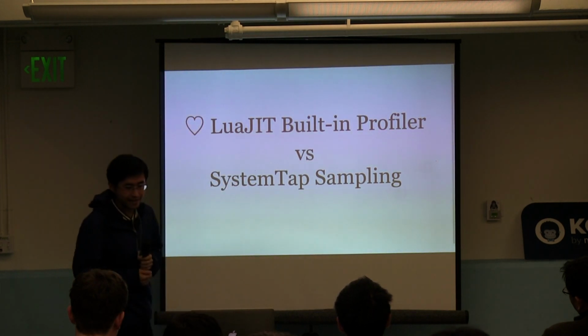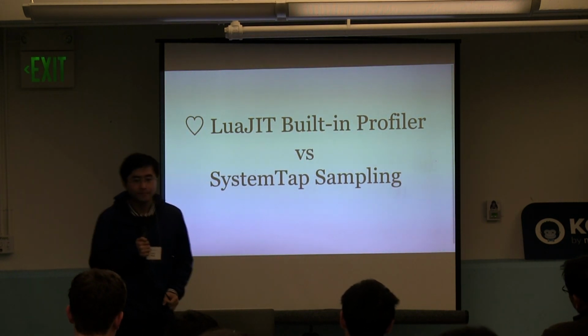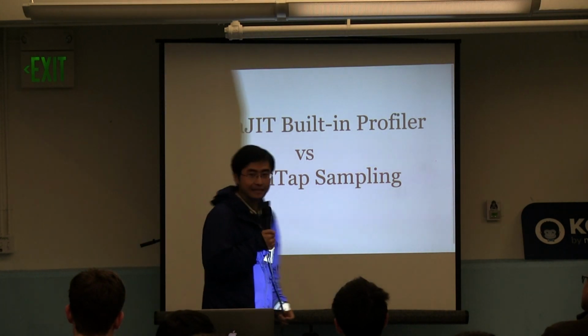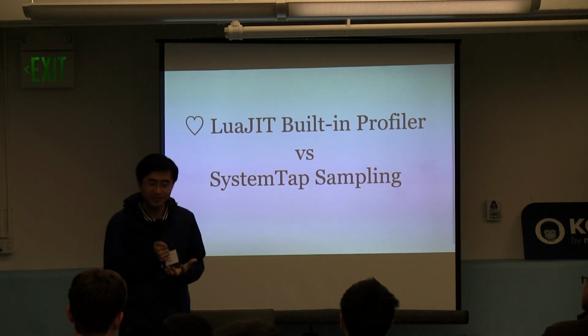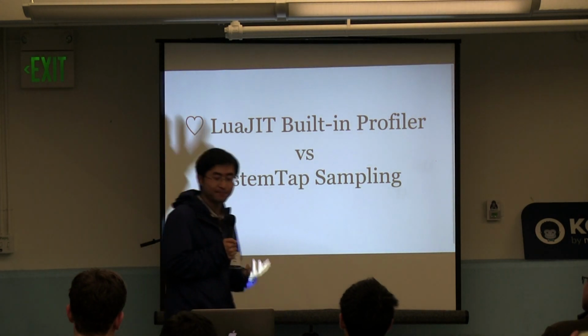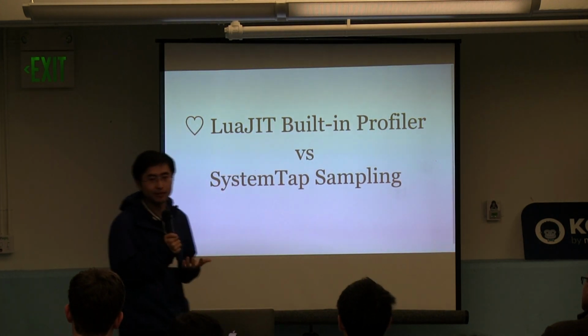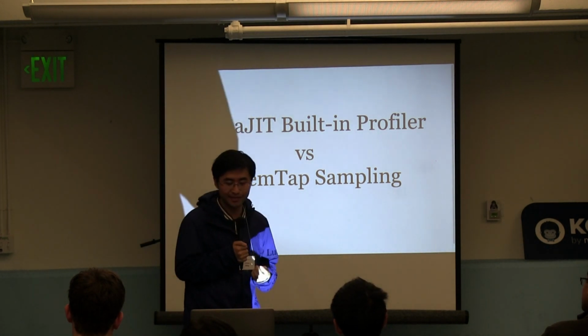And LuaJIT also has a built-in profiler. It's new, it's in 2.1, right? It's useful, but it's not so useful as compared to the SystemTap-based sampling I just demonstrated. Why?